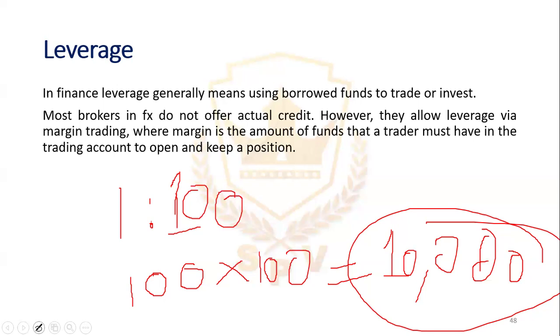But when you want to trade a commodity like gold, gold requires higher margin. So perhaps it might require you to have at least $15 on your account in order to take a 0.001 position on gold.